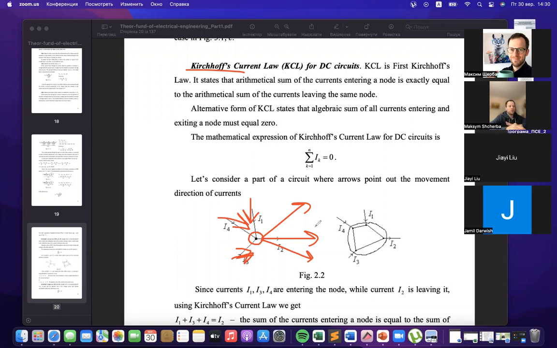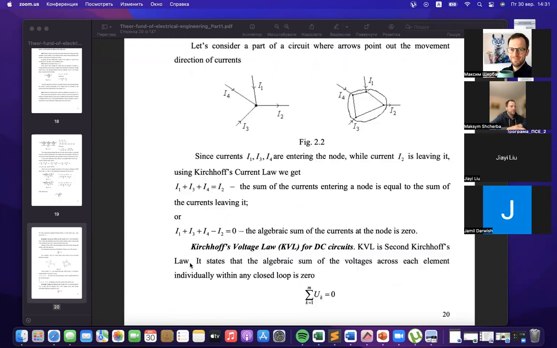It is just conservation of charge, that total charge inflow should equal total charge outflow, and the total charge, or total current, which is charge per time, should stay the same. Inflow equals outflow. The same for voltage.